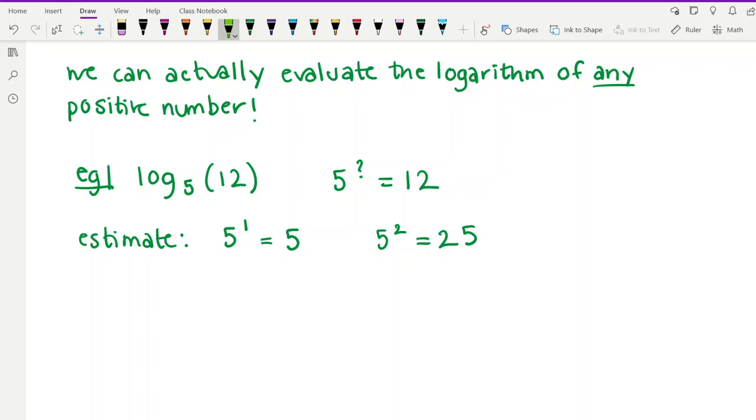Maybe pause for a second and think, if you had to just guess some kind of decimal power that you could raise 5 to and get 12. It's going to be something in between 1 and 2. So this tells us that the value of log base 5 of 12 should be somewhere between 1 and 2.